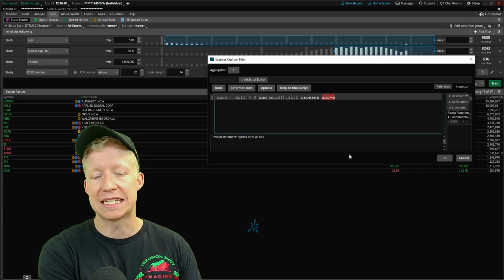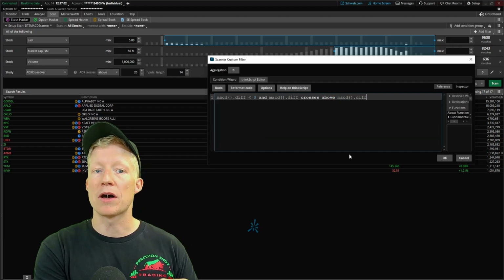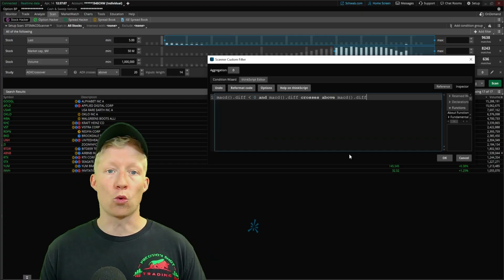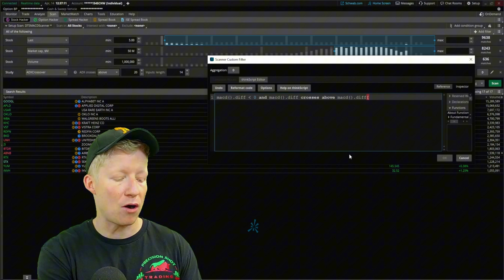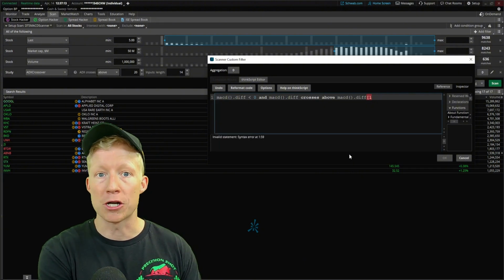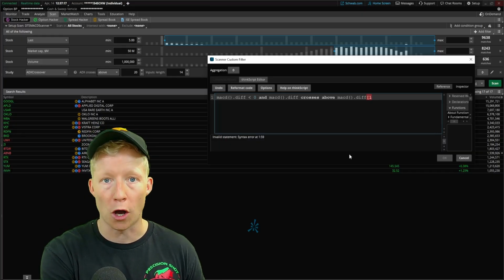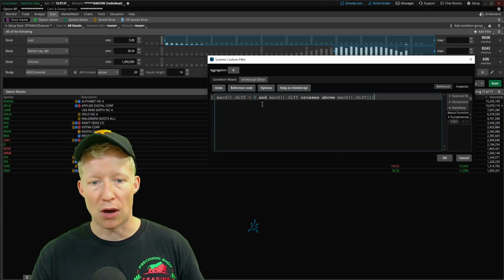So the MACD.diff crosses above the MACD.diff from the previous bar. To offset where you are pulling the data from in ThinkScript code, you simply open bracket, type in the number of bars back and to the left that you want to pull the value from. In this case, just one bar back, just the previous bar, obviously close brackets.